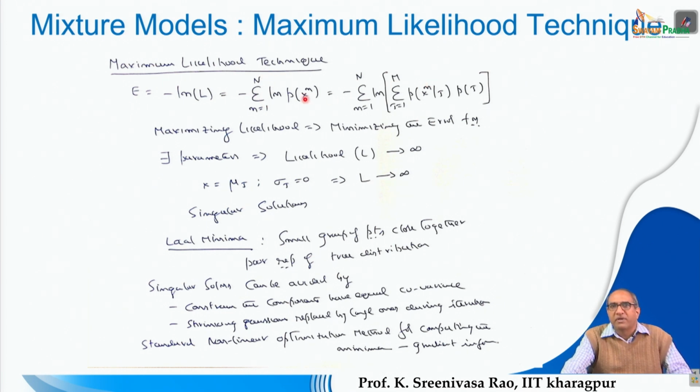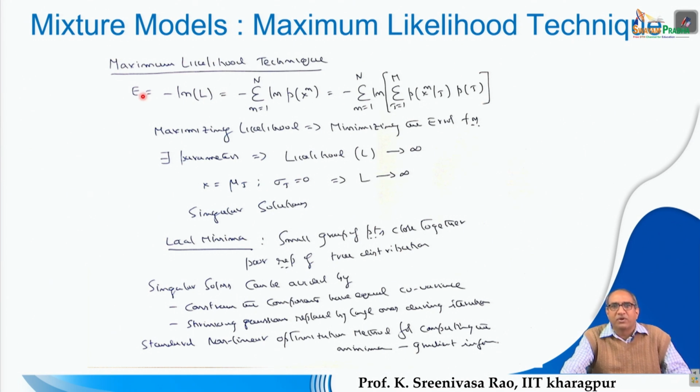Now the probability of xn is modeled using a mixture model with m components, so it is the summation of j equals 1 to m of the probability of x given j into pj. This is just the realization using a mixture model, which we have seen just earlier.